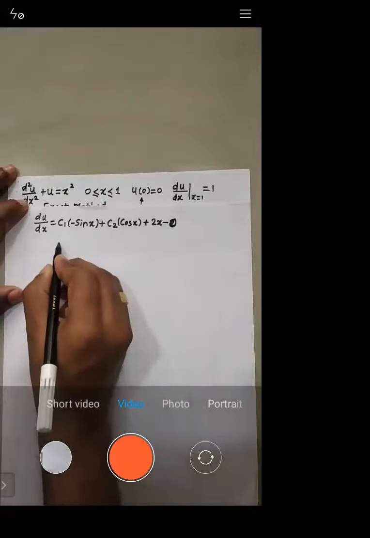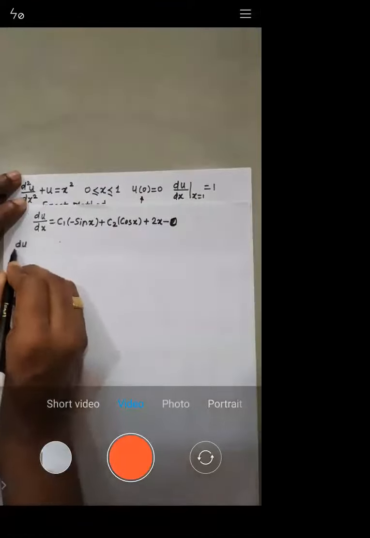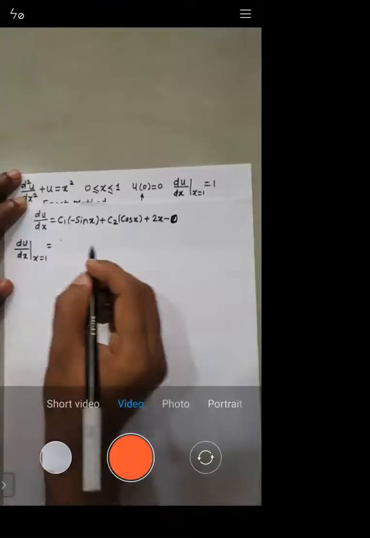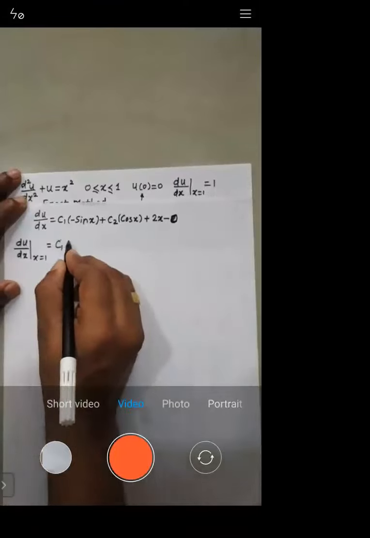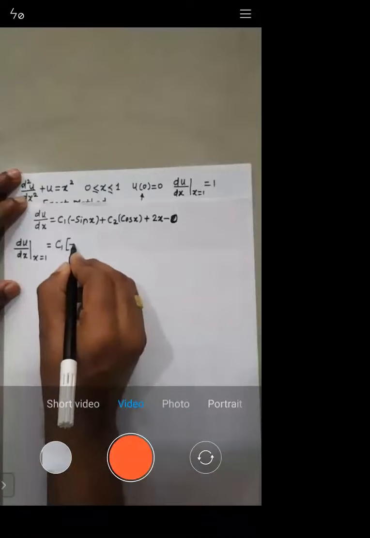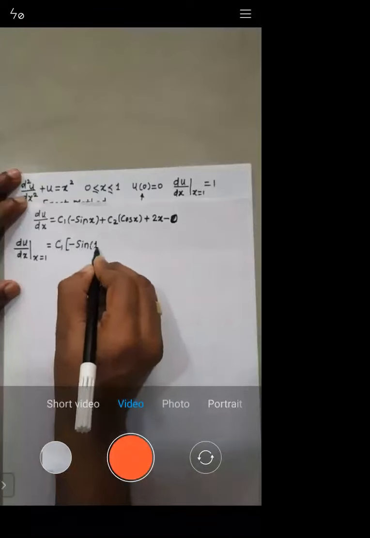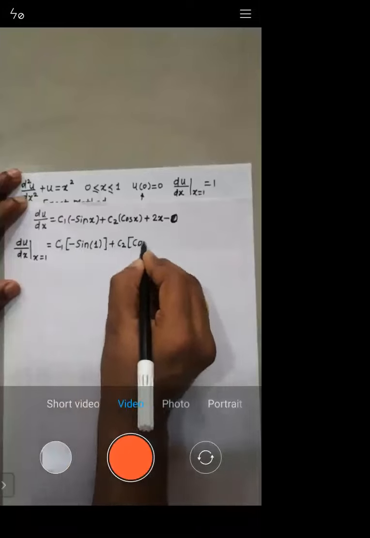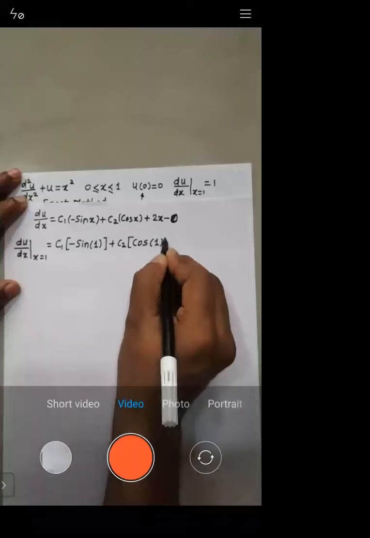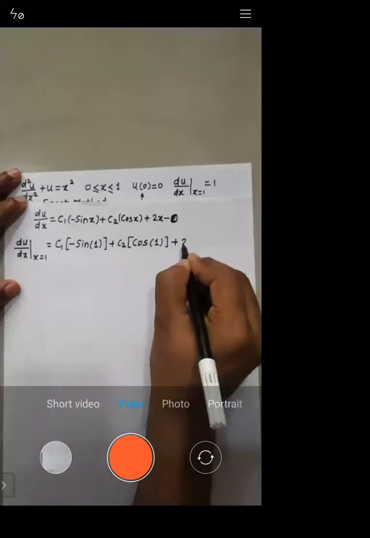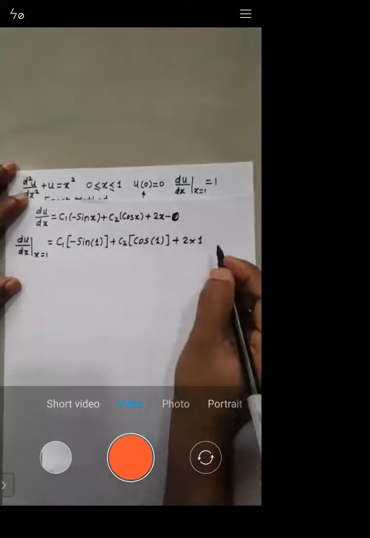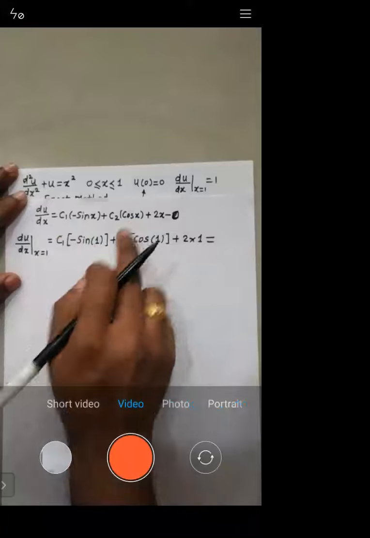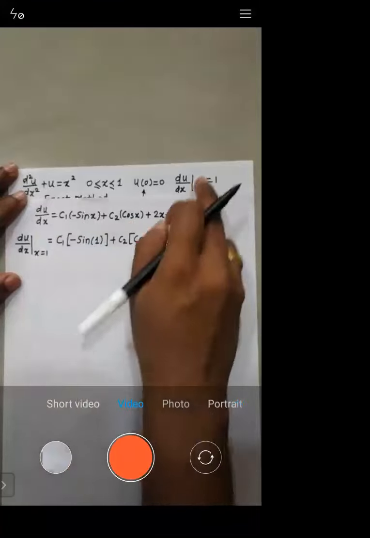So what will I do? I will calculate du by dx at x is equal to 1. That means C1 into minus sin of x, that is 1, plus C2 into cos of x is 1, plus 2 into x is 1, and this value, in du by dx, if you put x as 1, then this value is 1.